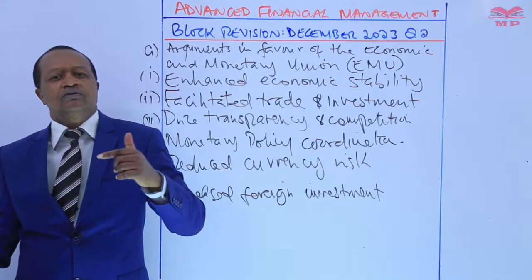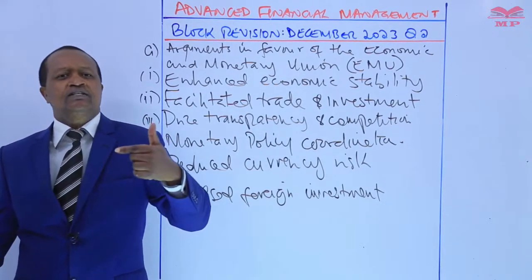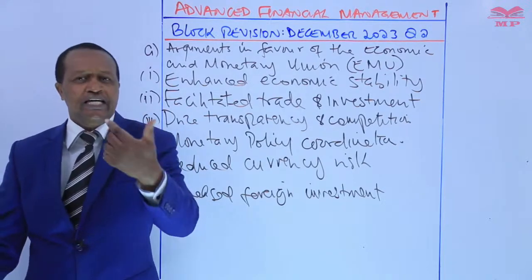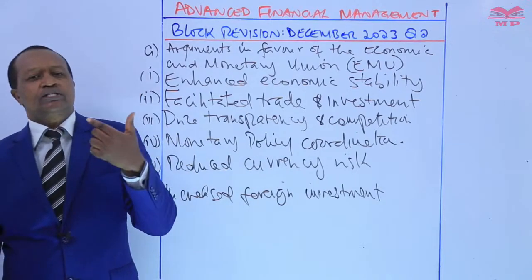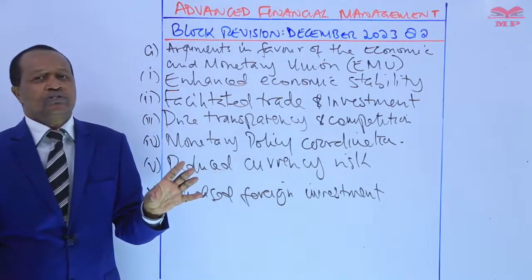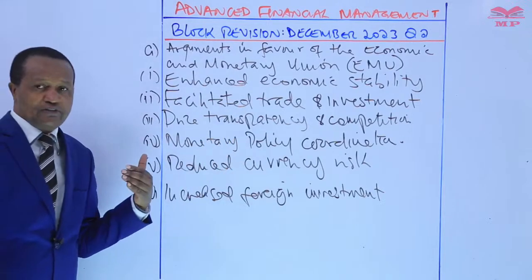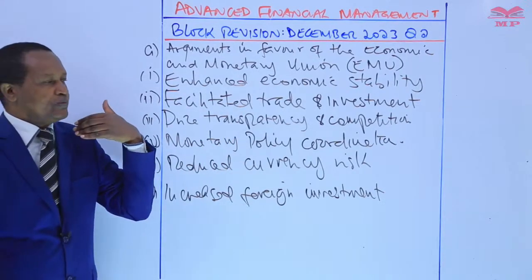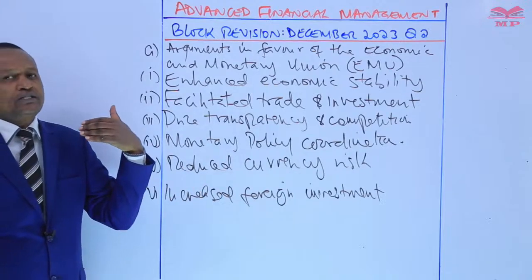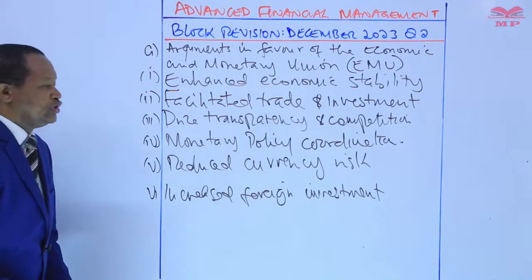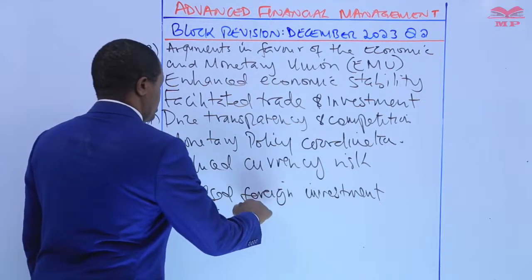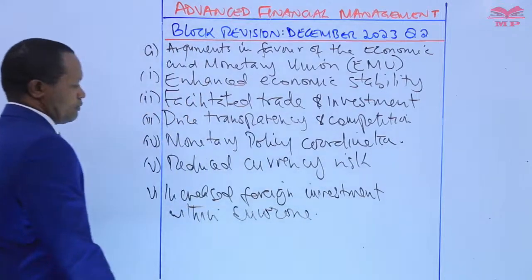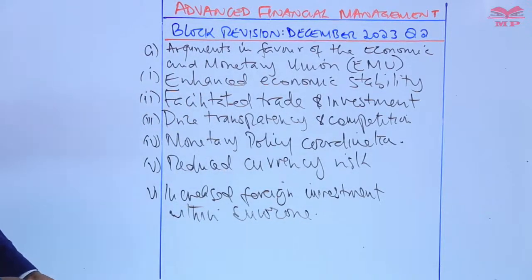And therefore, foreign investors may find the Eurozone more attractive due to reduced currency risk, due to enhanced economic stability, due to increased market access, and so on. So there is the inflow of foreign investment that can contribute to economic growth and job creation within Eurozone. So these are 6 arguments in favor of economic and monetary union.